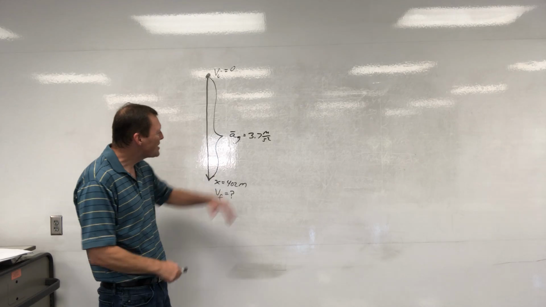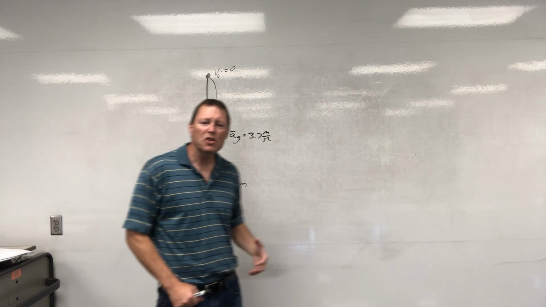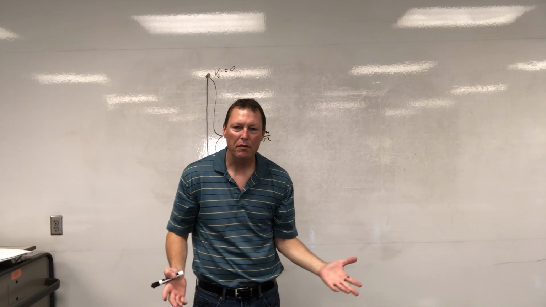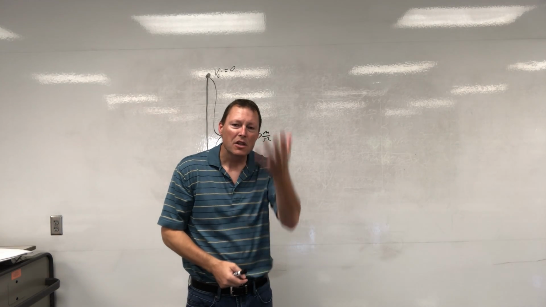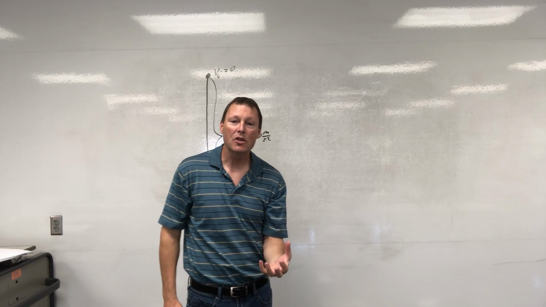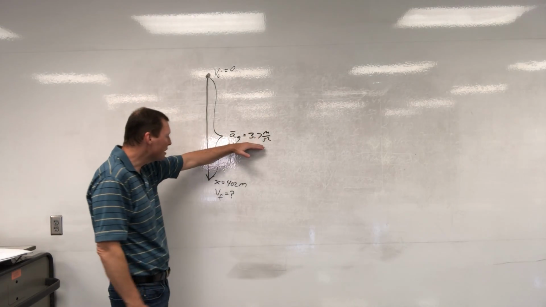And again, I'm going to make this positive because gravity is always trying to pull things down towards the surface of, in this case, Mars. So gravity's trying to pull it down, and I defined down as positive, so I'm going to leave that as positive.